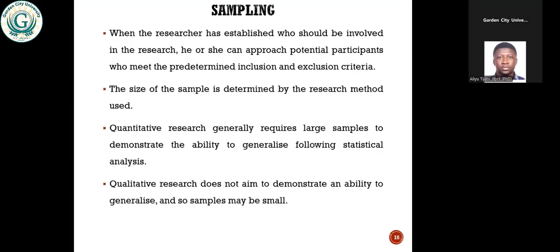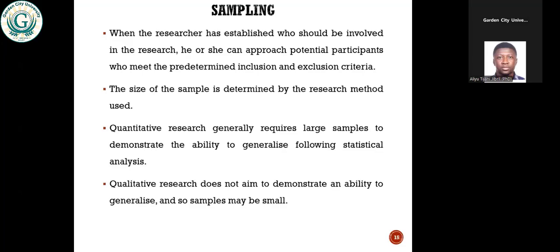In quantitative research, in a number of cases, the population of interest may be too large for us to gather data from every single individual. So this is where we may have to use a sample representation. Instead of using the entire population, we choose a sample that represents that particular population. And when we talk about population, that is the entire group that we are interested in.